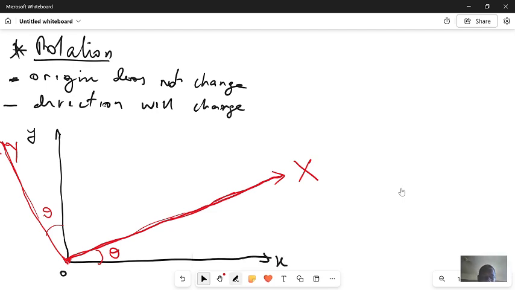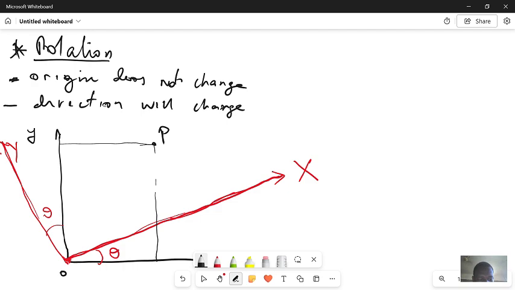Now if I have a point P which was here, this point P has its own coordinate in the old plane, here and here, and it has its own coordinate in the new plane, here and here.